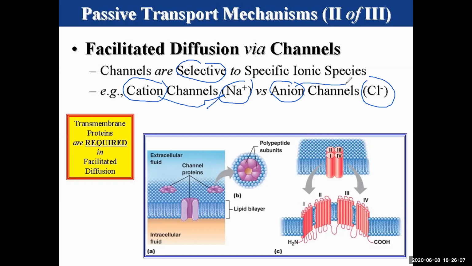And like I've said earlier, transmembrane proteins are required. This is an example of facilitated diffusion that I wrote earlier. Now that's for small size water-soluble solutes. I repeat, this type of facilitated diffusion is specifically for small size water-soluble solutes.